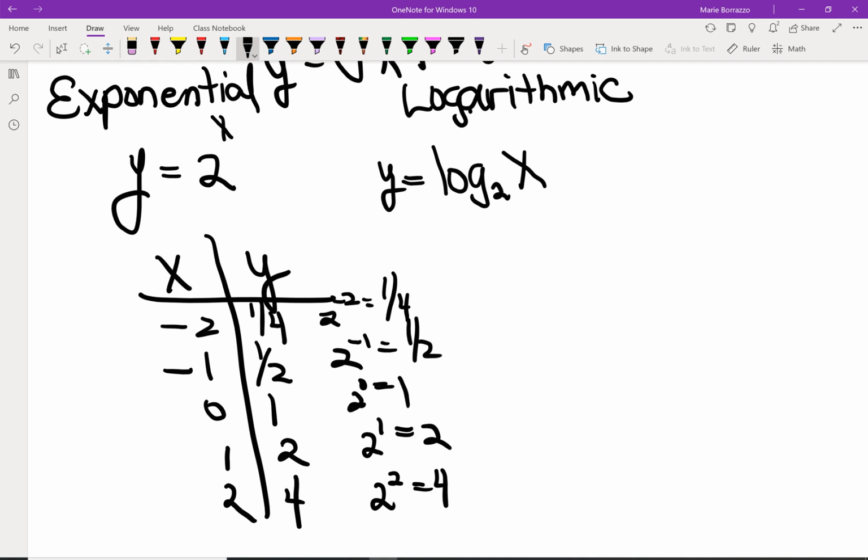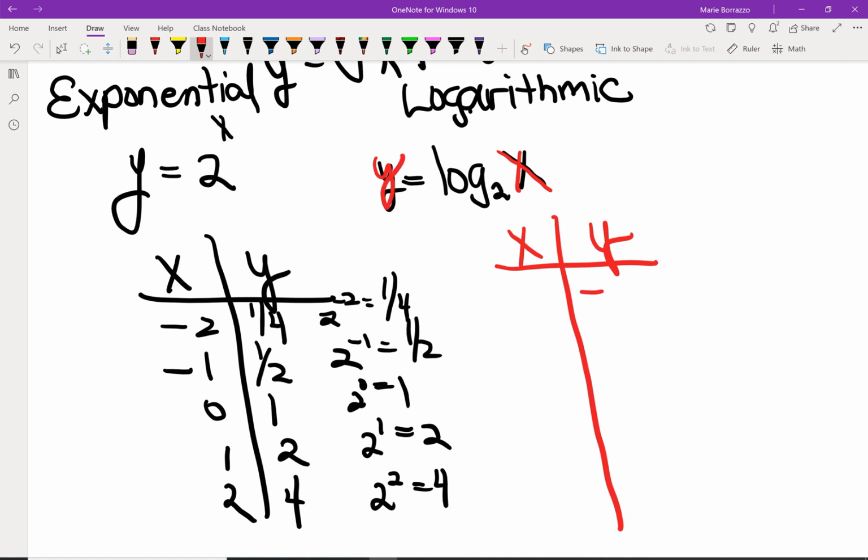If I were to graph its inverse, I'm simply going to call this, let's do this in red. This will simply be, here's your x, here's your y. Okay, and let's just color code these for the sake of helping you follow along. All you're going to do is switch them.